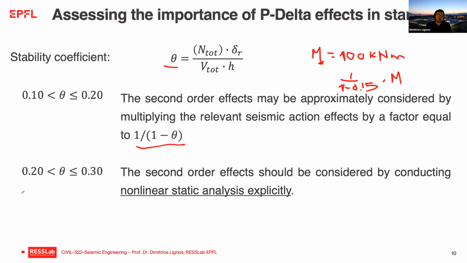However, you cannot approximate the member effects in all cases with this quantity here. So if the stability coefficient is between 0.2 and 0.3, then the second order effects should be considered by conducting nonlinear static analysis explicitly.